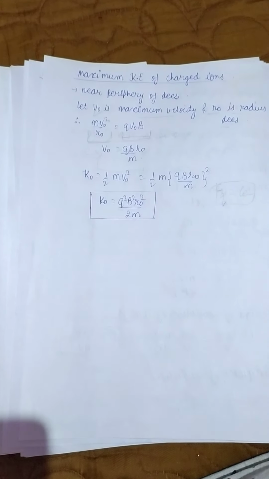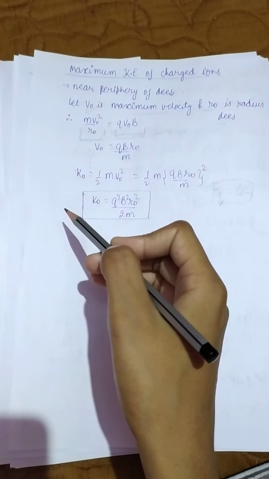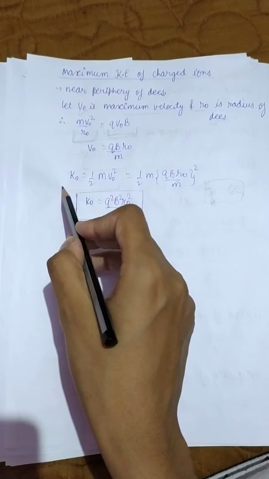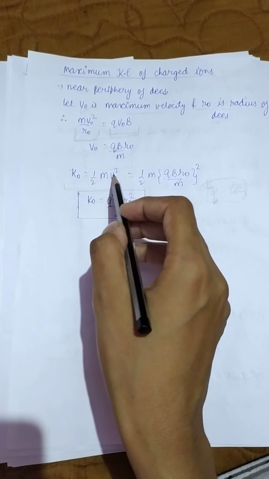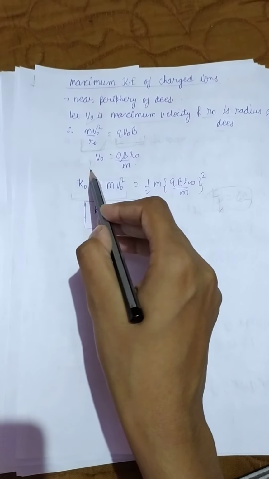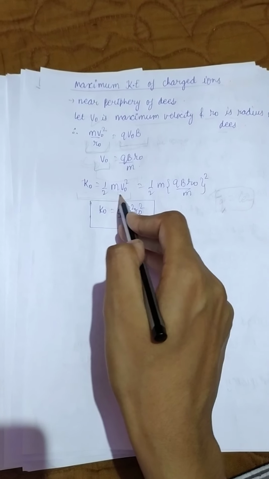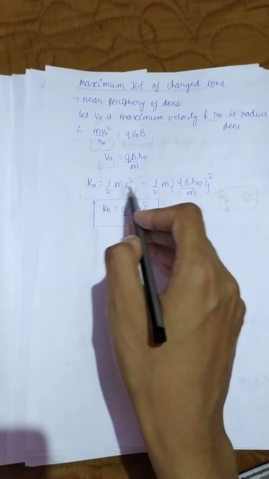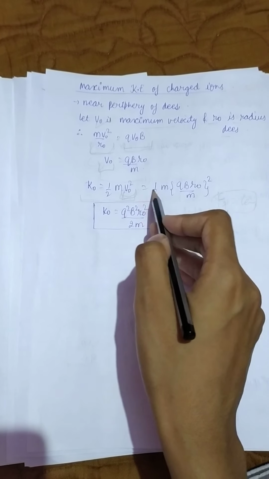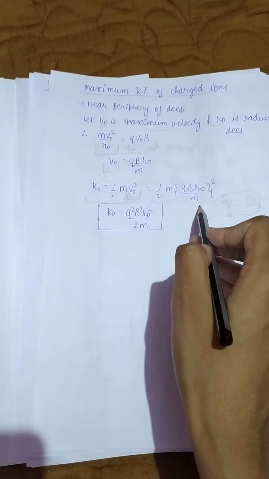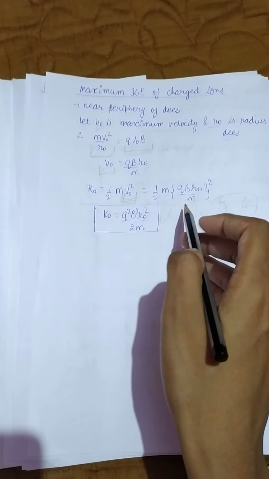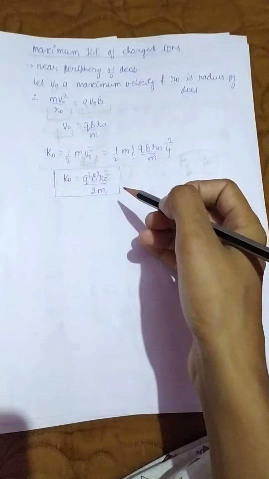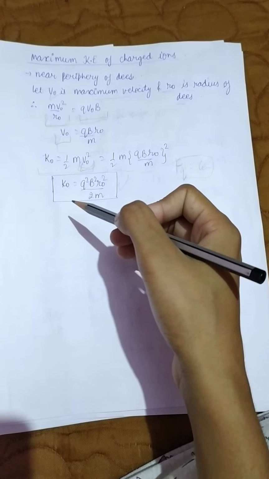Then, what is the formula for the kinetic energy of the particle? We already know that kinetic energy is equal to half m v naught square. We already have the maximum value of velocity, so we put the value of v naught in this equation, and after solving it, we get the maximum kinetic energy of the charged ions.